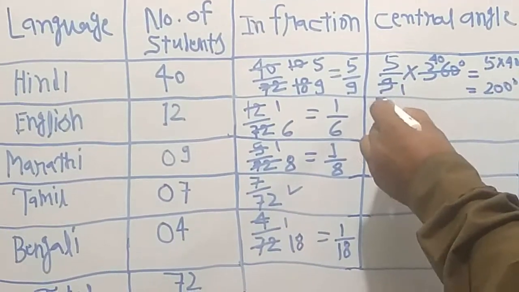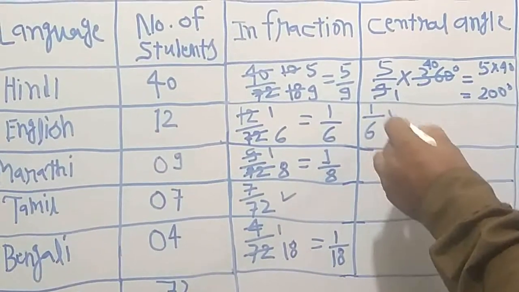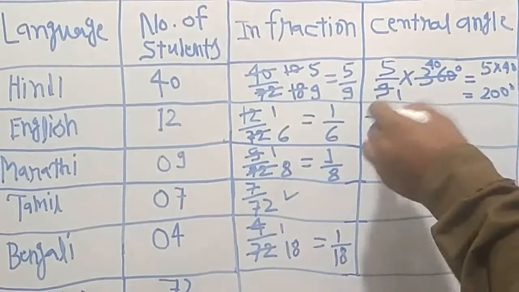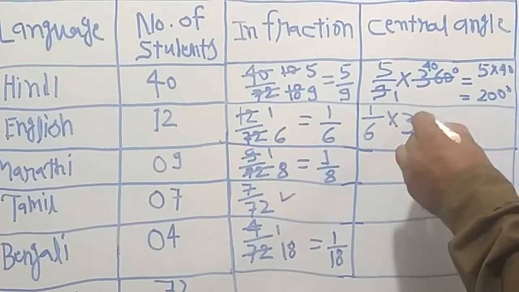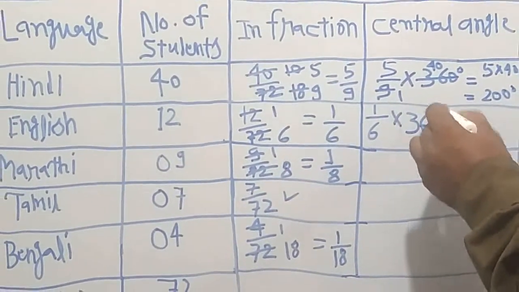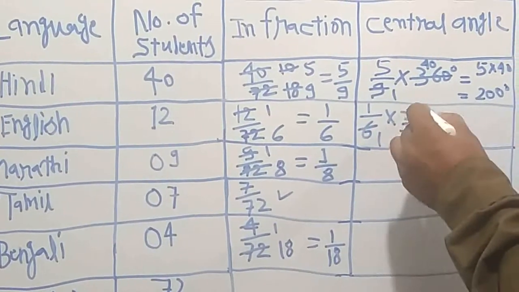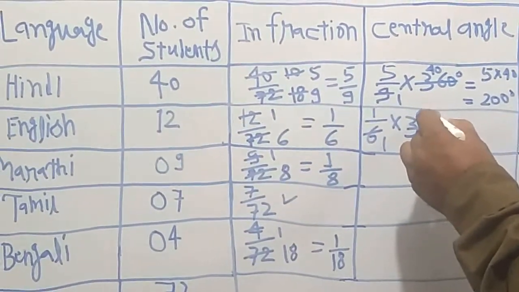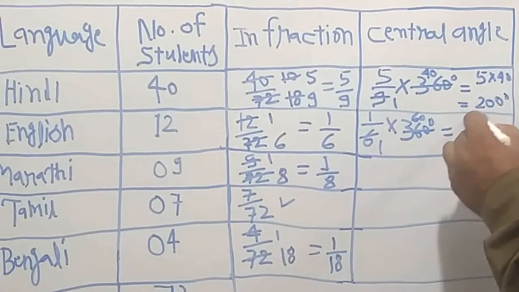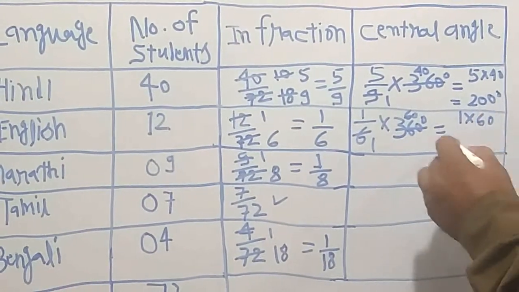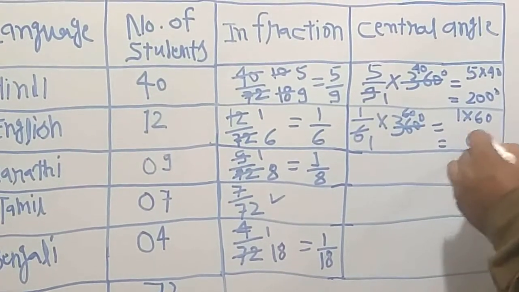Now it is 1 upon 6 for the English language, multiplied by 360 degrees. 6 ones are 6, 6 sixes are 36, and 6 zeros are 0. So 1 into 60 gives you 60 degrees.